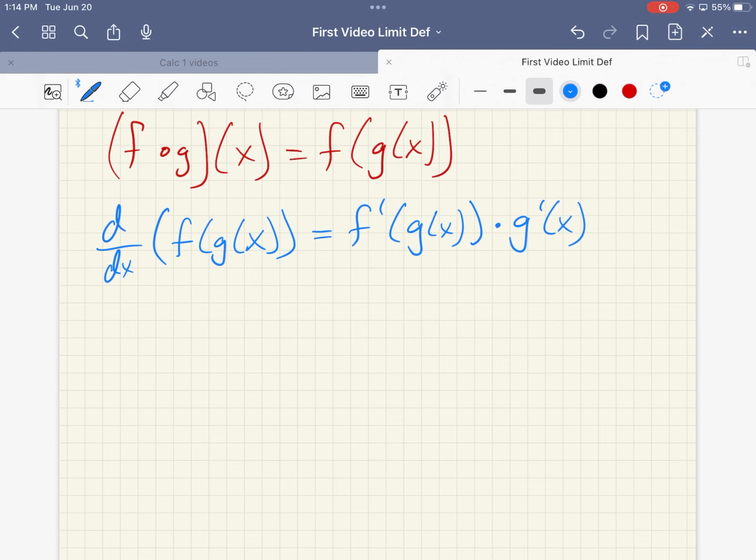And this is really a place where I find that most students struggle with the chain rule. What they want to do is put the derivative of g into the derivative of f. But that's not how the chain rule works. So we're going to look at a few examples to show how this comes about.